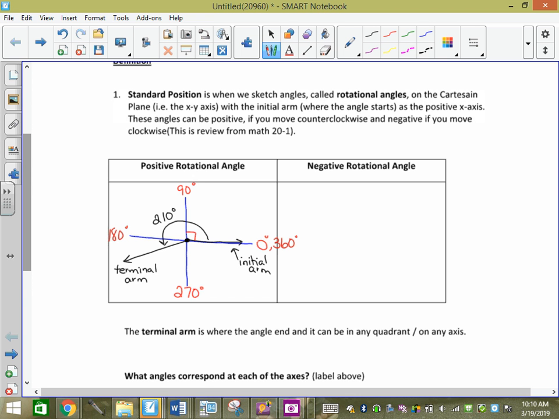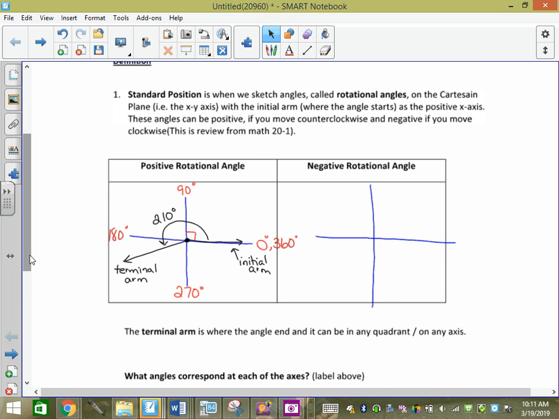So you did positive angles last year. We're also looking into negative angles. So negative, you still have these arms, but we're going to start here, and this is going to be 0. And then we're going to go clockwise, and then they make negative angles.